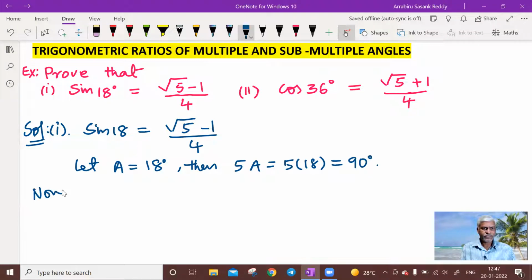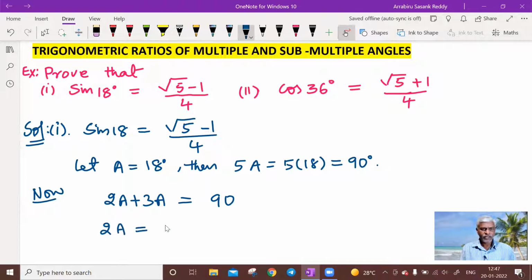Now 5A can be written as 2A plus 3A. 2A plus 3A, 5A is equal to 90 degrees.